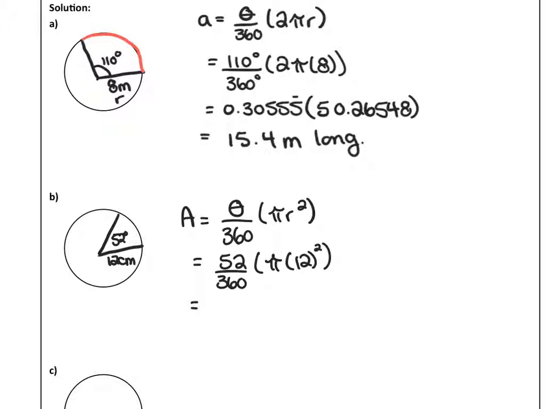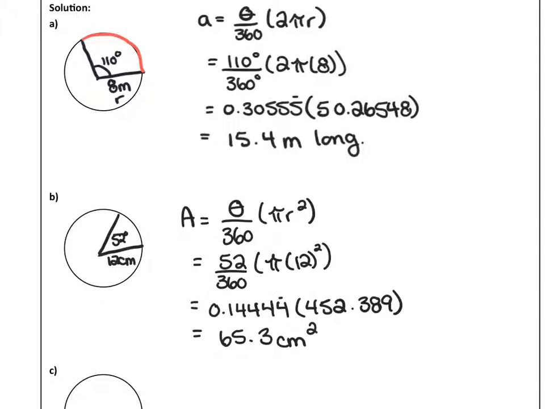Again, we'll calculate this. 52 divided by 360 is 0.144444, and that repeats. 12 squared is 144, times pi came to 452.389, and then just multiply. I got 65.3, and that is centimeters squared, because it's area.